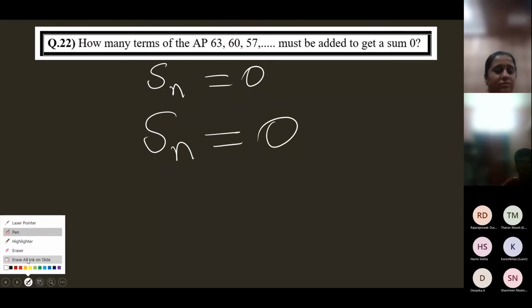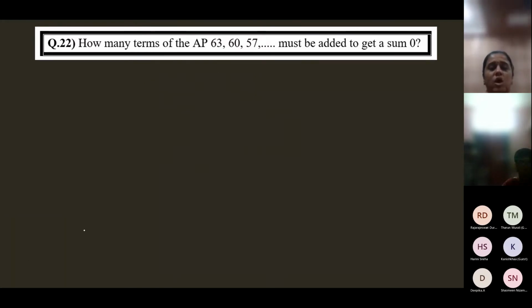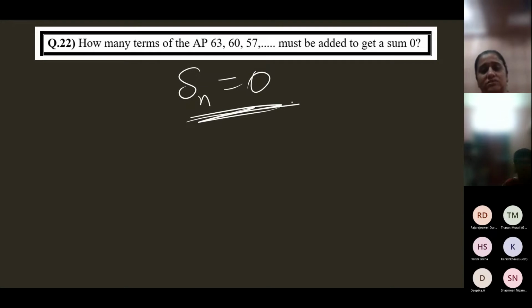We don't know how many terms to take. If you know, you can say the sum of the first 10 terms is 0. But we don't know. So the sum of the first n terms is 0. That's the equation. Once you write this, you can find n. It's all about writing this. If you can write this, you can get the answer.